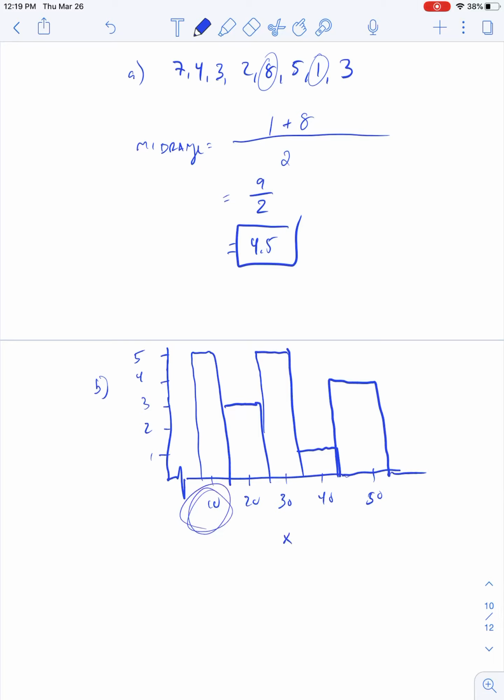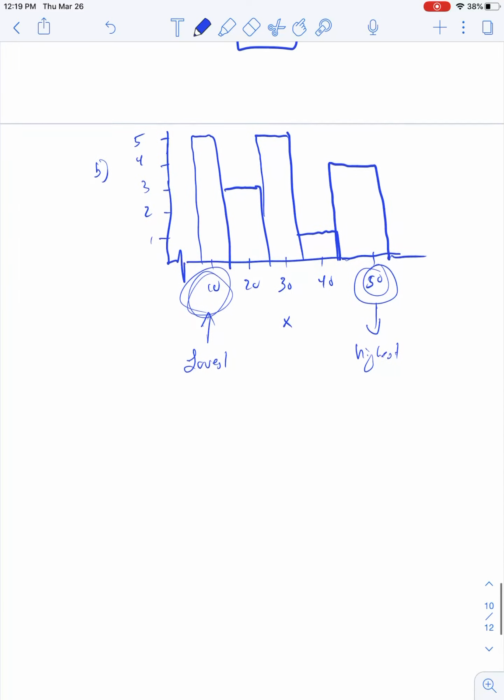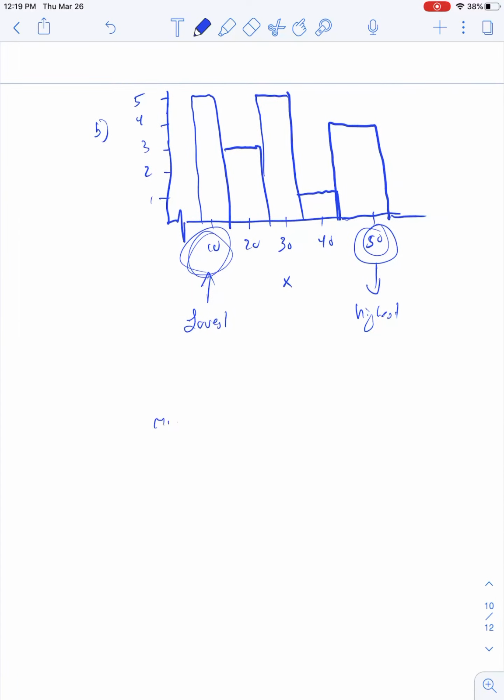We're looking at the data items, right? So this is the lowest. That's the highest. So we just add those. 10 plus 50 divided by 2. So 10 plus 50 gives us a what? 60. All right, divide that by 2. So our answer is 30.